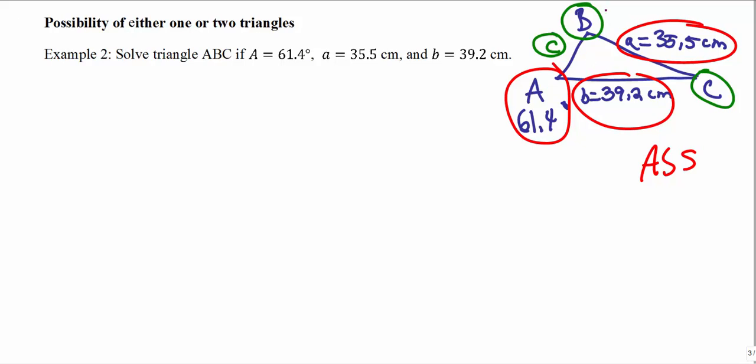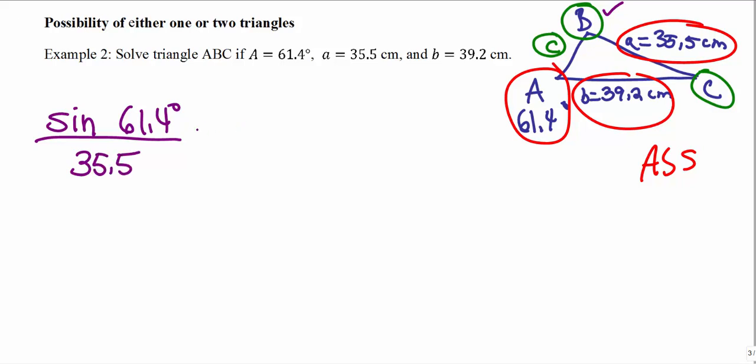And we don't know angle B. So we're going to put the angles on top. I'm going to say sine of angle A divided by side A. And we're going to set that equal to sine of angle B, which we do not know, as our one unknown in our equation, divided by side B.